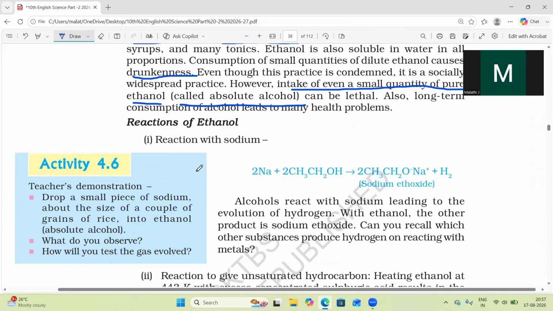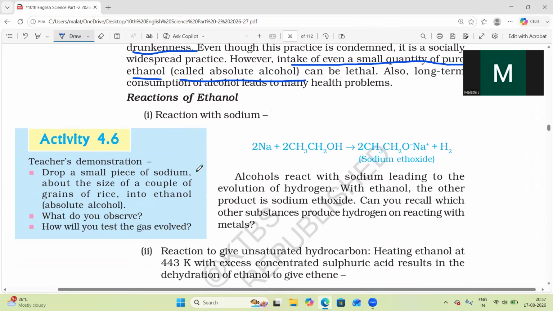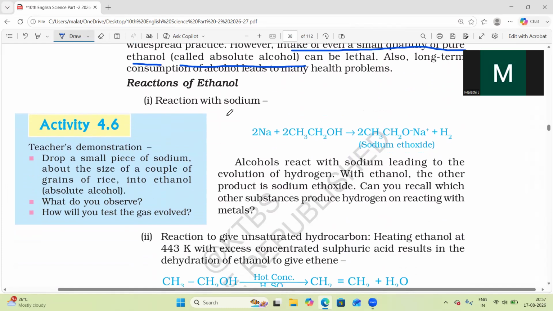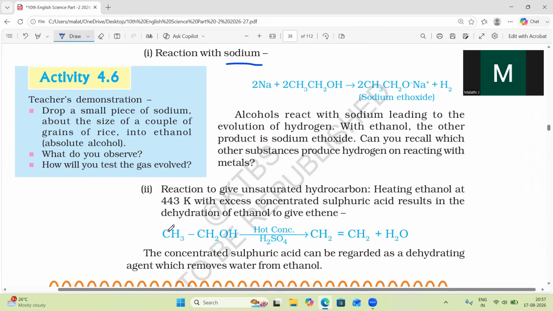So what are the reactions of ethanol? How will it react with metal? We already studied that ethanol is an alcohol. If you take ethanol, it can react with a metal, and another reaction is the dehydration of alcohol.